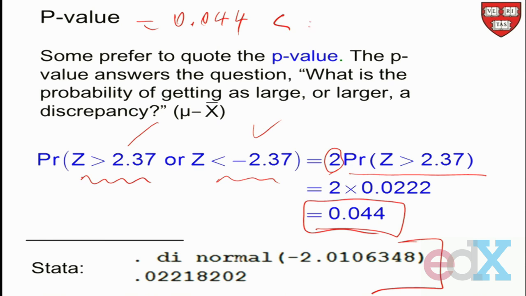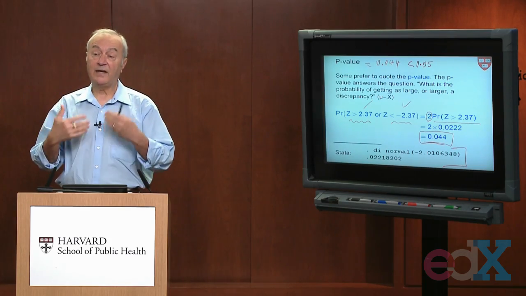And some people quote these p-values and they say, okay, the p-value is 0.044, which is less than 0.05, by the way. So it's less than 0.05, which means I would reject the null hypothesis, because anything that is this rare, I reject.